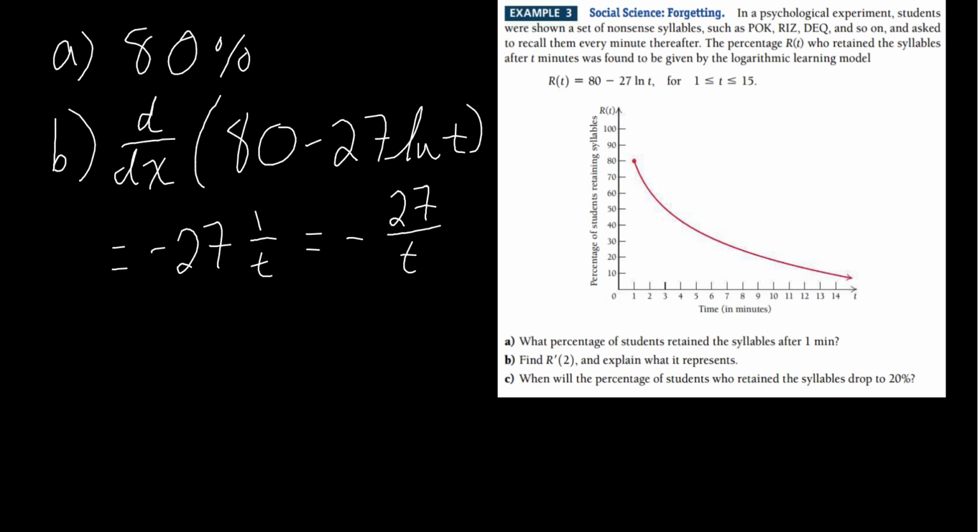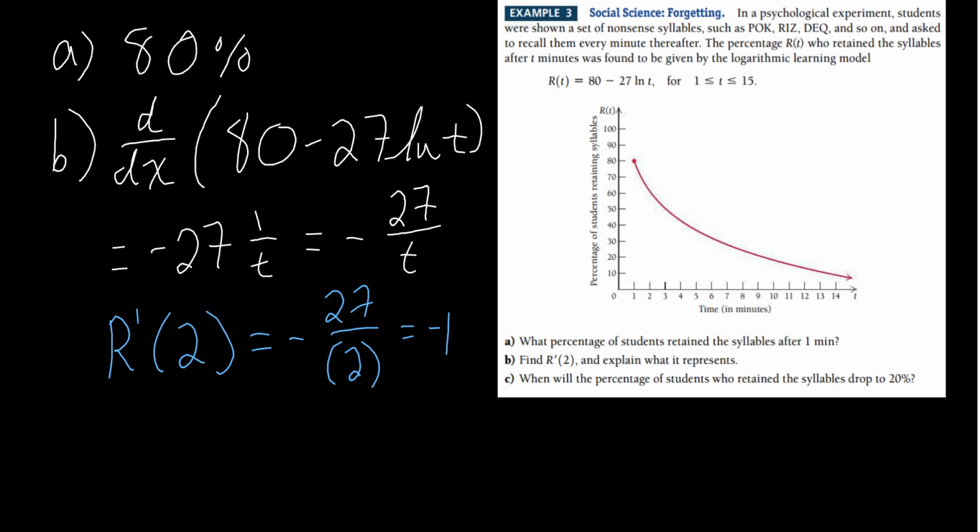And we want to find r prime of 2, so all we have to do is plug in a 2 for t. So r prime of 2 is equal to negative 27 over 2, which is negative 13 and a half. Let's move it over to the left a tad bit here.